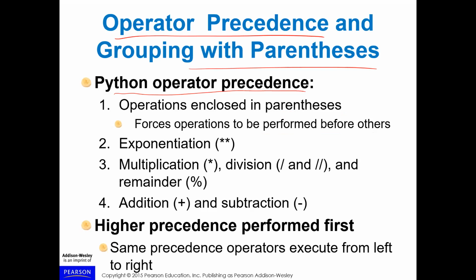Then after that, multiplications and divisions and modulus or remainders will be performed. And finally, addition and subtraction will be performed. So that's pretty standard, to what you've seen before in school. And then if you have operators with the same precedence, they will execute from left to right. Okay, from left to right.